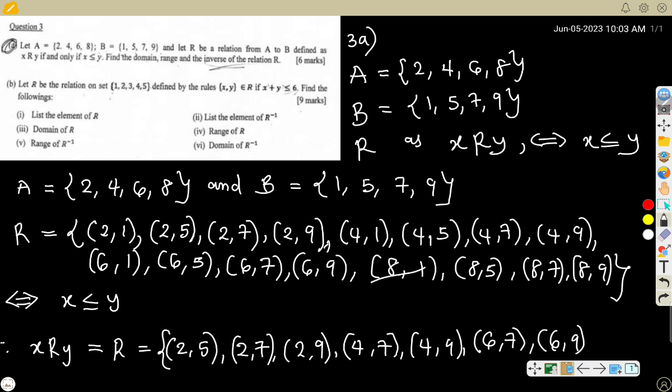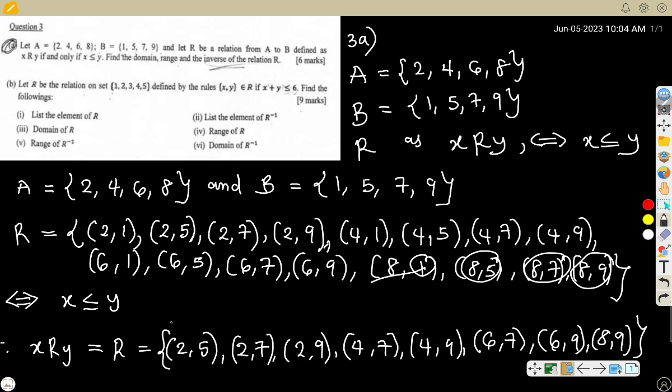I cannot pick 8, 1 because 8 is more than 1. I cannot pick 8, 5 because 8 is more than 5. I cannot pick 8, 7. I can pick 8, 9 because 8 is less than 9.